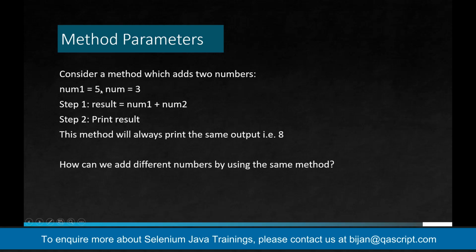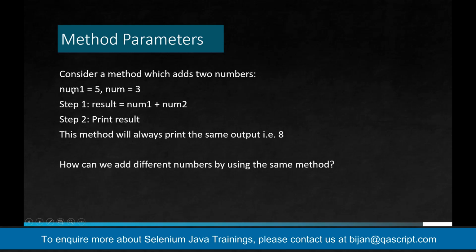Yes, I can, but I have to always change these two variables, number 1 and number 2. I can make it 6, 4, then the output changes. But is it practical that I should always go into the method and change these variables? No. That's where method parameters come into the picture.